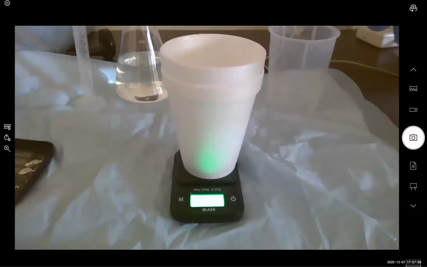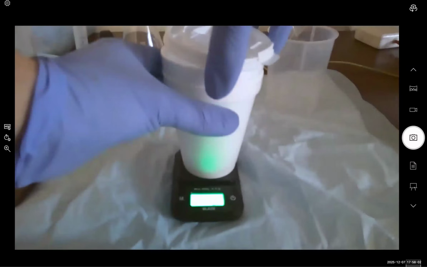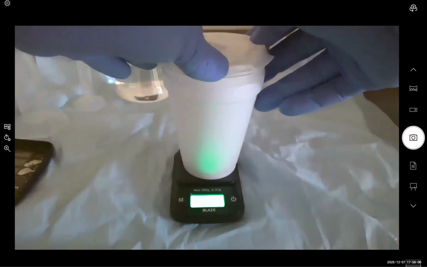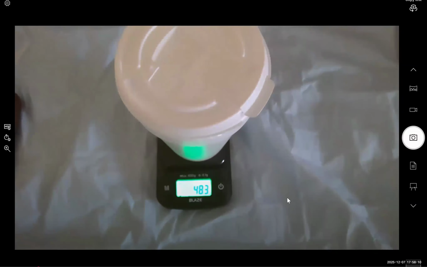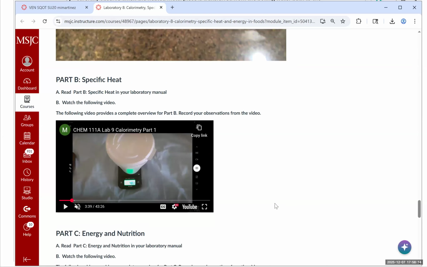Okay, so I've transferred the water. I don't need to care as much about the volume of water because I'm weighing it, and the mass of water is what's most important, that's what we're going to be using for heat calculations. So our mass of water is 48.3 grams for trial 1.